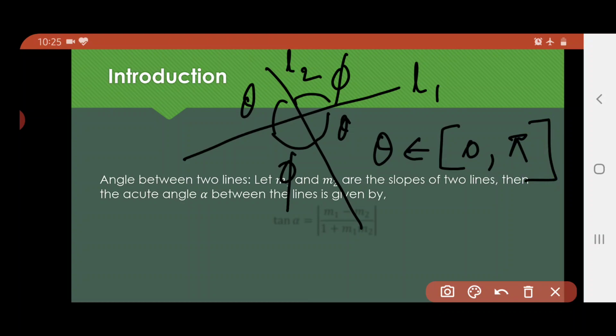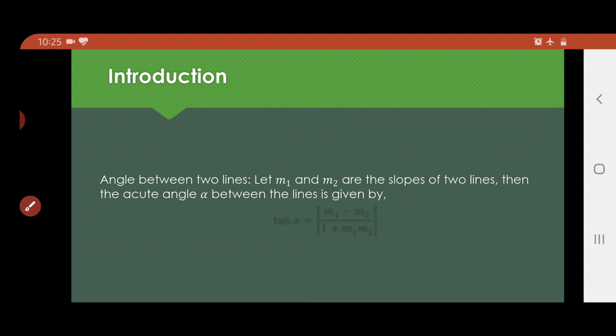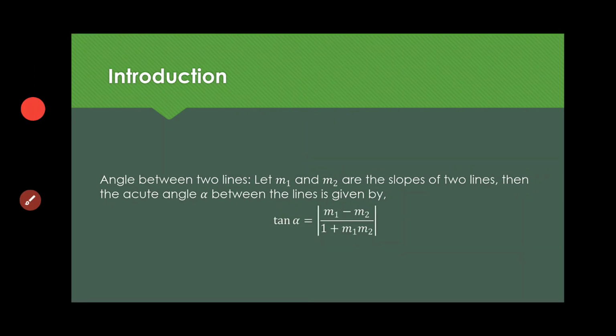Because I should discard pi, because pi and 0 are the same, because if the angle between two lines becomes 0 or pi, that means they are coincident or they are parallel to each other. So given this, we have to ensure that whatever value of the angle we find, the angle must lie within this range. So to get that value, we have the formula.